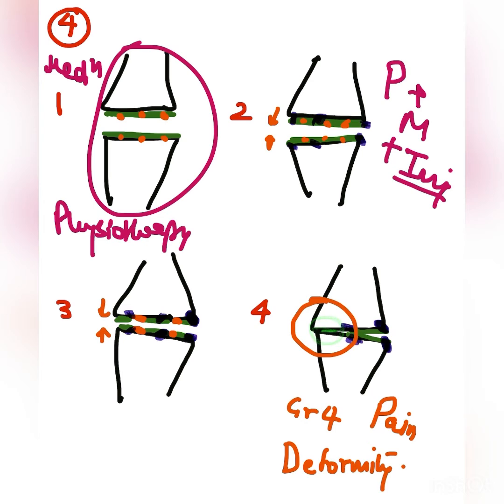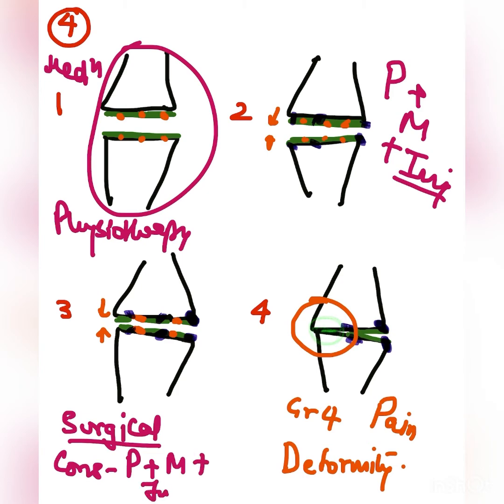It could be a steroid, it could be platelet-rich plasma, it could be viscosupplementation. In grade 3, the option is more towards surgical than conservative. Still, if we talk about conservative, then we have to give physiotherapy plus medicines plus injection therapy.